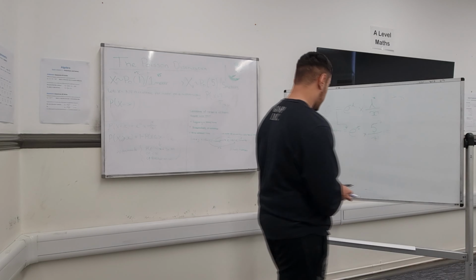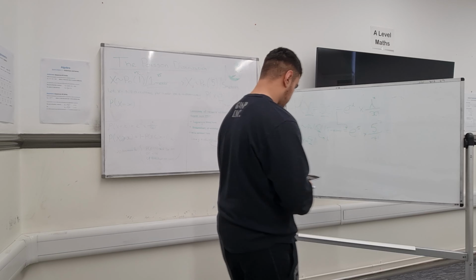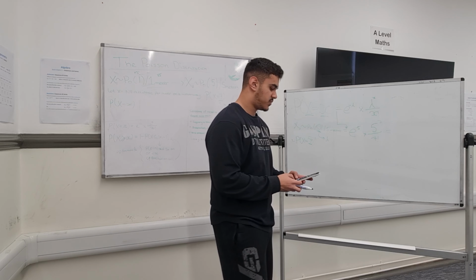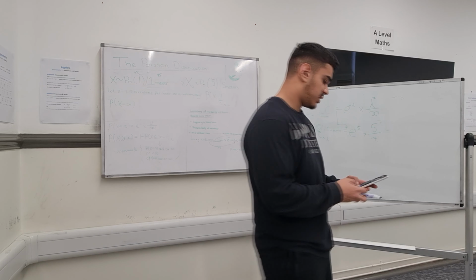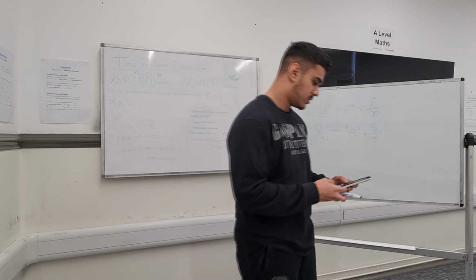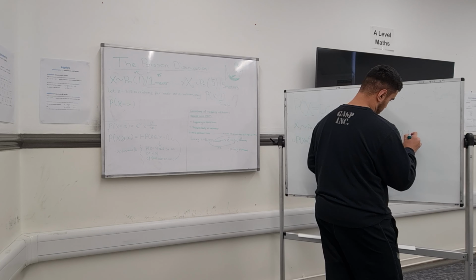Now we can calculate that, or we can type it into the function. I'm going to do both just to show you they both work. e to the minus 5 times 5 to the power of 7 over 7 factorial, and that is 0.104.